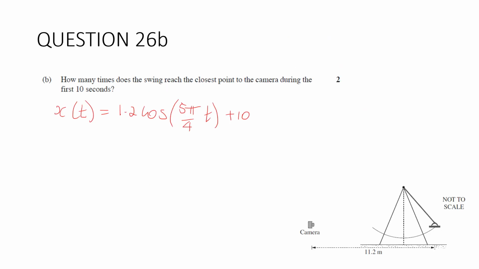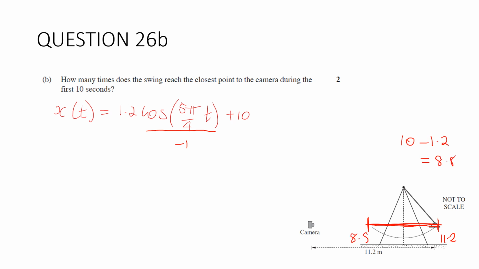26b, how many times does the swing reach the closest point to the camera during the first 10 seconds? Now this is what this looks like. It starts up here at 11.2, and we're measuring this distance here, and it goes back and forward, and the closest it gets to the camera is when this cos part is equal to negative 1. In other words, 10 take 1.2, which is 8.8.